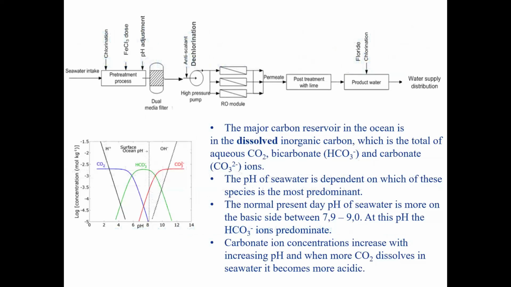So let's look in more detail, a little bit of chemistry. As I mentioned, this is the pH impact. Seawater pH is 8, right? We mentioned that. At pH 8 we have a higher concentration of bicarbonate, HCO3 minus. But when you have pH 6, we have more CO2, right?